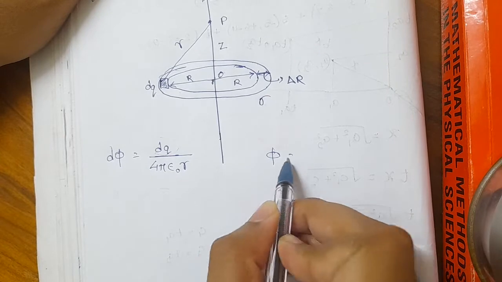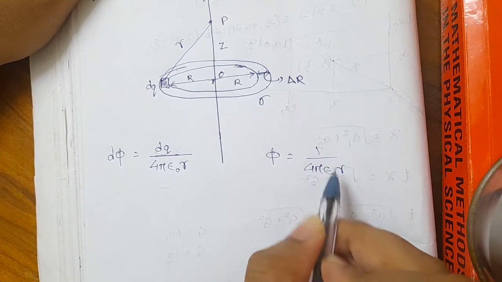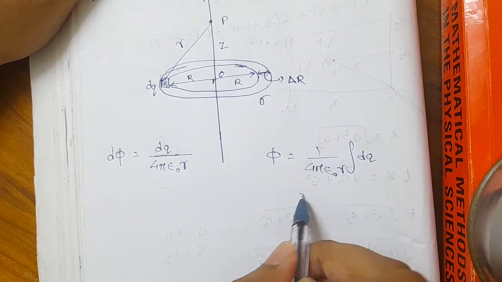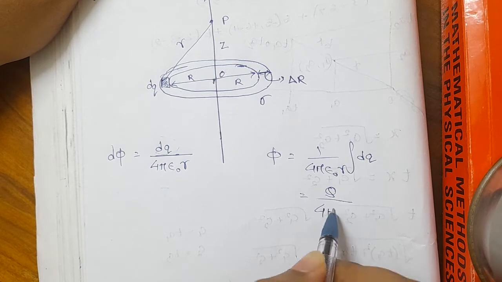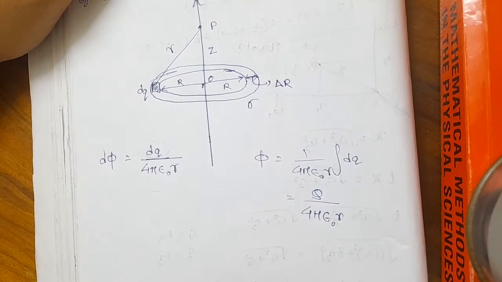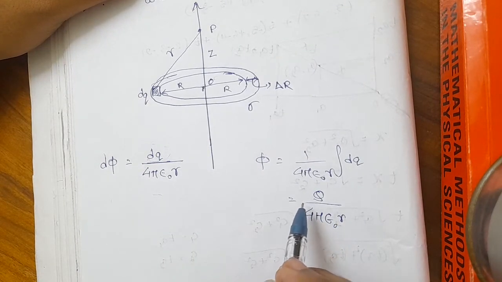So potential phi will be equal to q by 4 pi epsilon naught r.